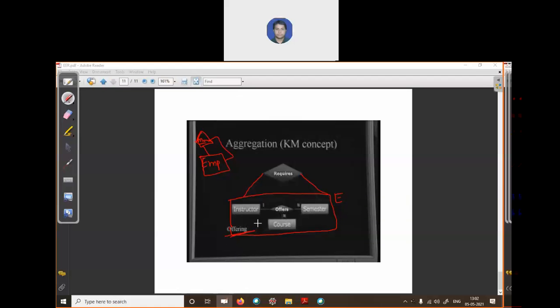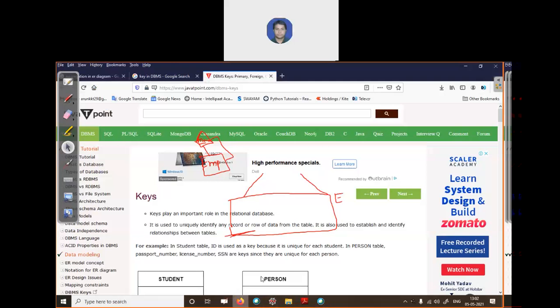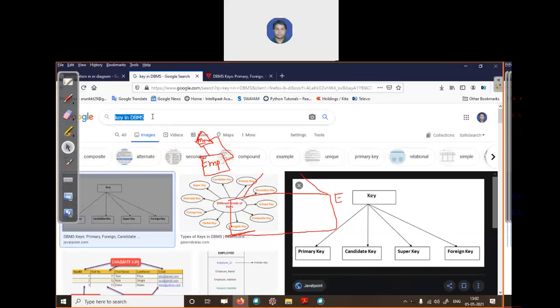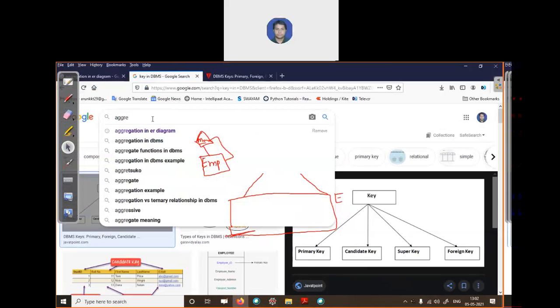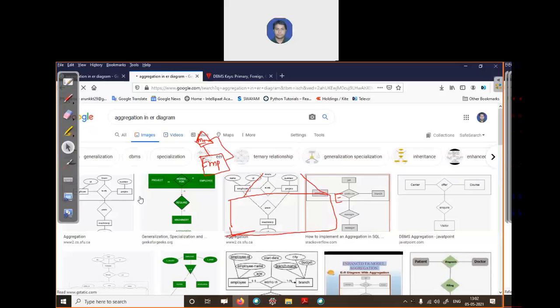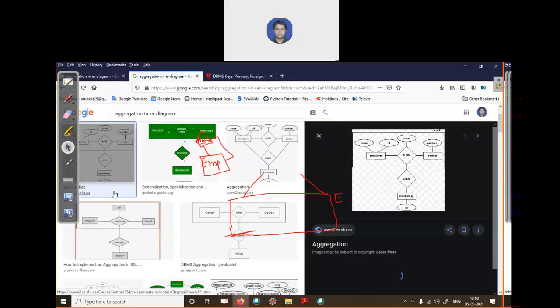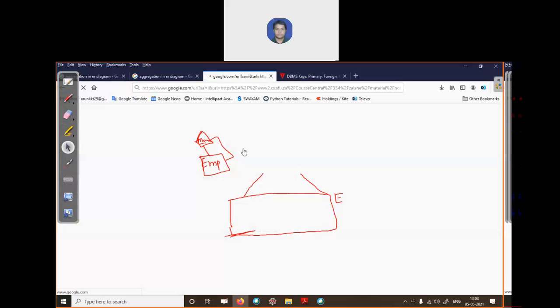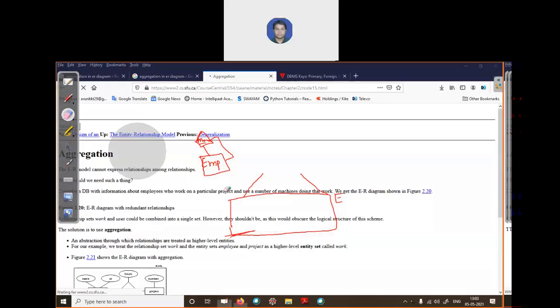If it's not clear, let me take aggregation in ER diagram. Okay, this is a good example.